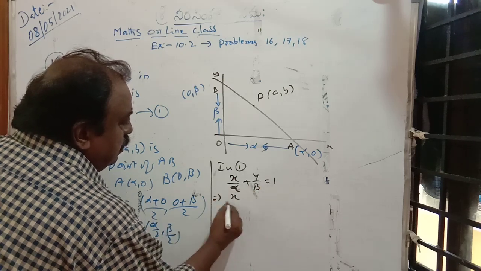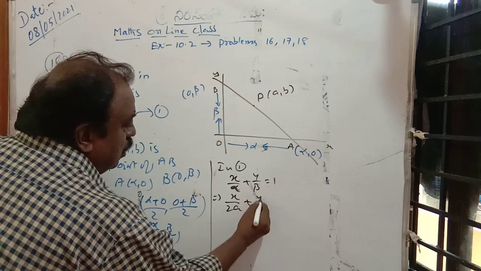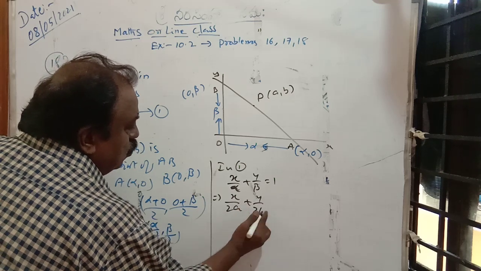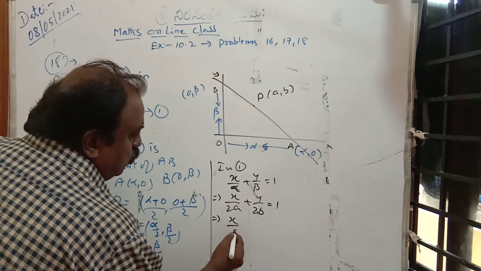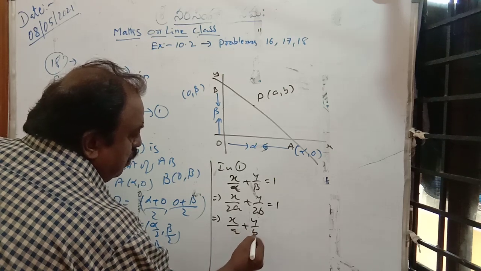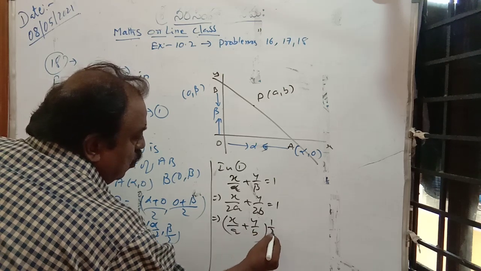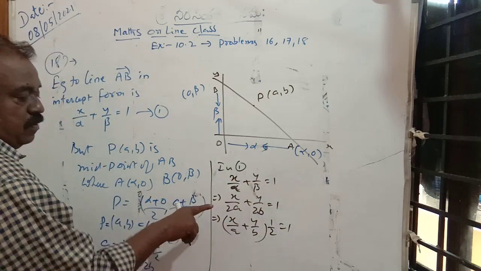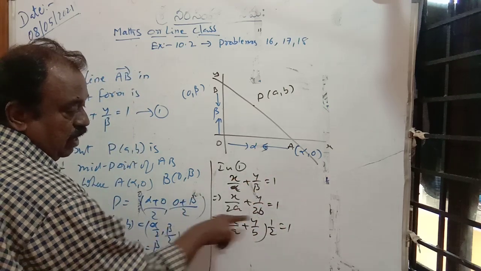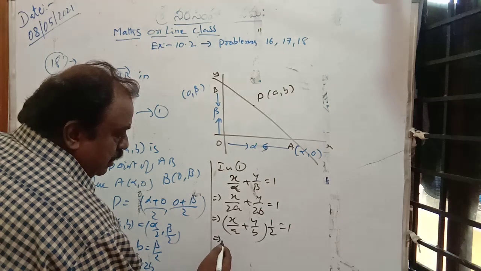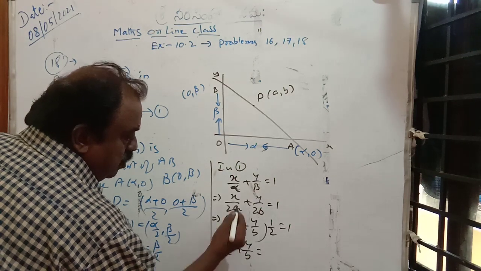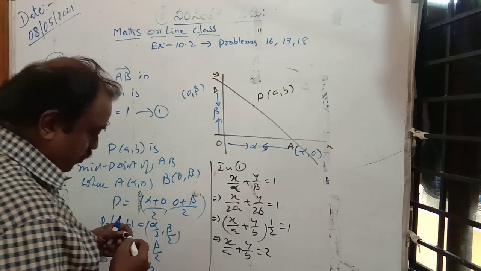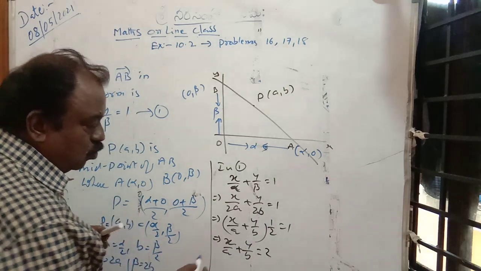It is x by 2a plus y by 2b is equal to 1. So x by a plus y by b within the bracket, 1 by 2 is taken as common. So at last it is x by a plus y by b is equal to 2, the 2 goes to that side. Is it correct? Yeah?